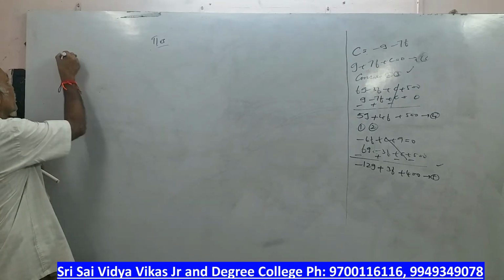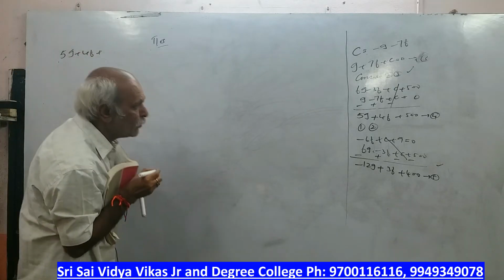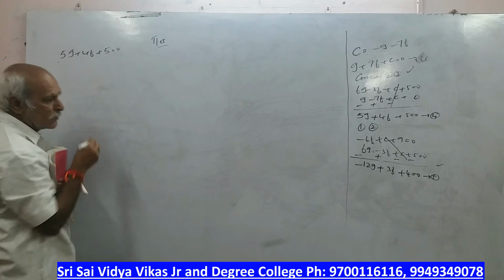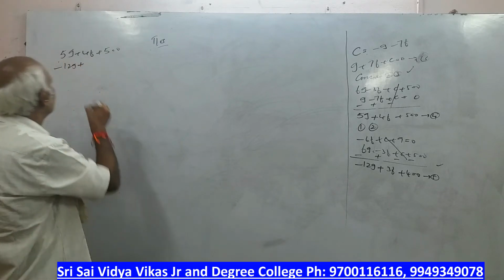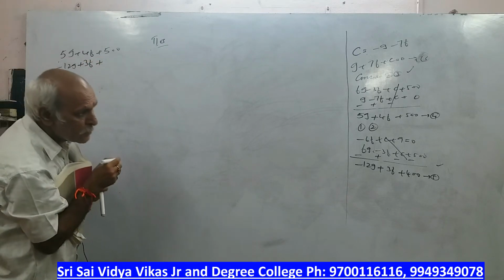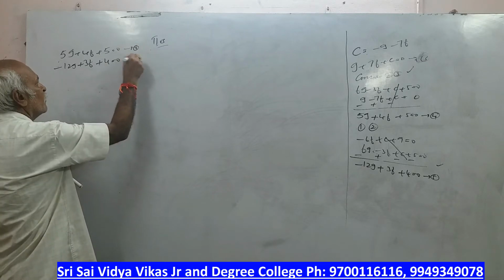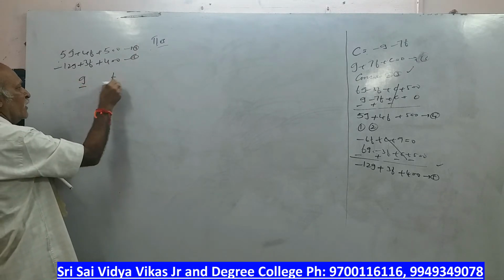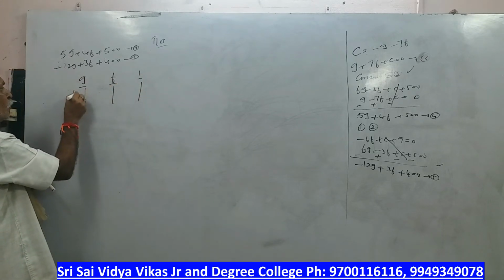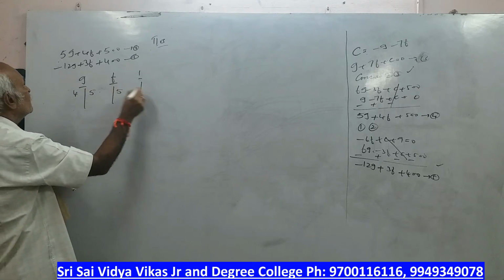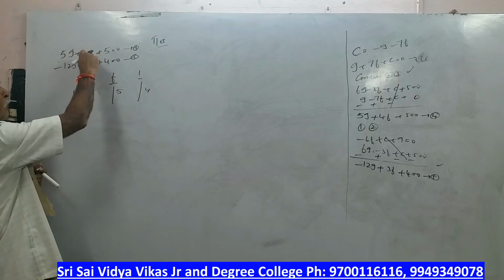What is the fourth equation I am writing here? 5g plus 4f plus 5 is equal to 0. Next one, minus 12g plus 3f plus 4 is equal to 0. This is the fourth equation, and the fifth equation again, g, f, 1. Same method. First 4, 5, 5, then 4. G coefficient, F coefficient, constant.